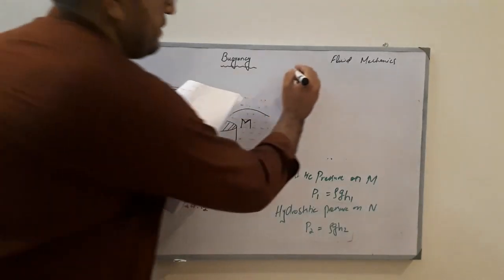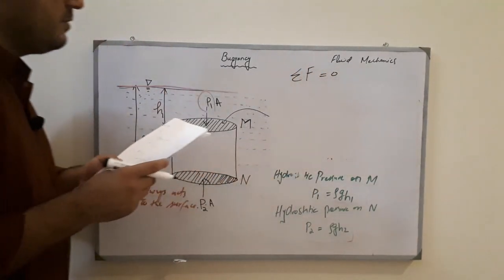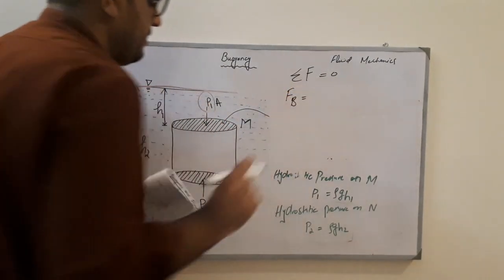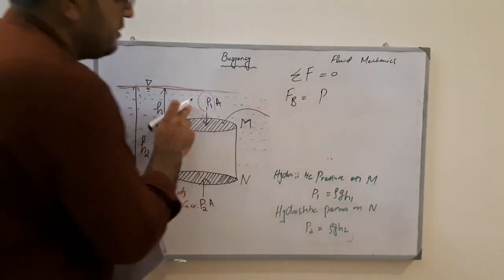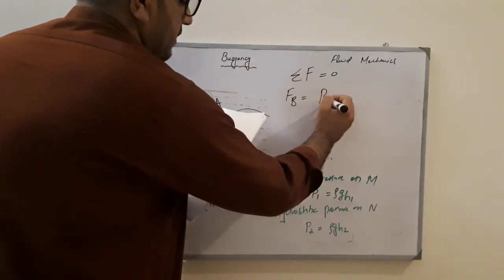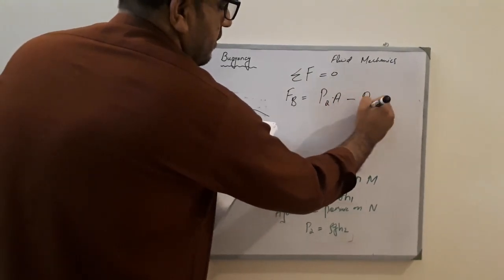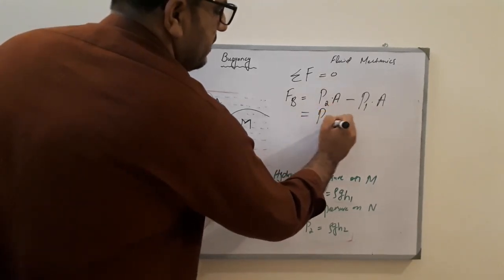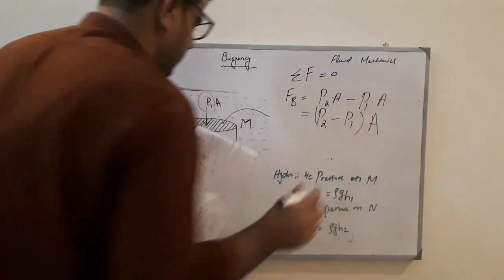We know that the summation of forces is equal to 0. That means the buoyant force is equal to the difference of the pressure forces, P2 times A minus P1 times A, or simply P2 minus P1 into A.